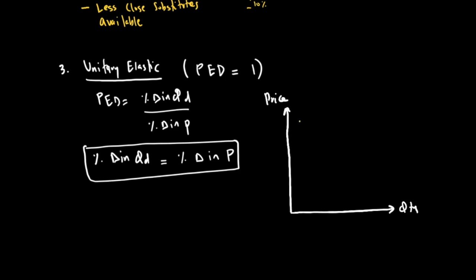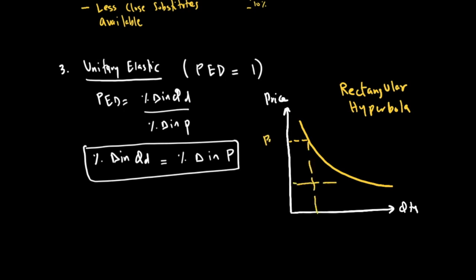your demand curve may look like this, and there's a name for this curve: it's called a rectangular hyperbola. A particular feature of this curve is this: if the price goes down by any percentage, let's say 10%, we will always see the quantity demanded go up by an equal and opposite amount, let's say 10%.